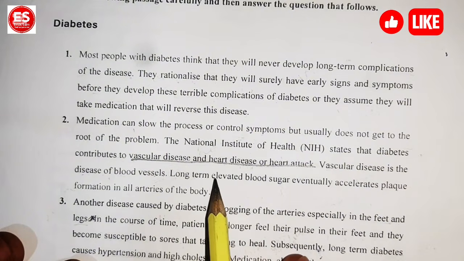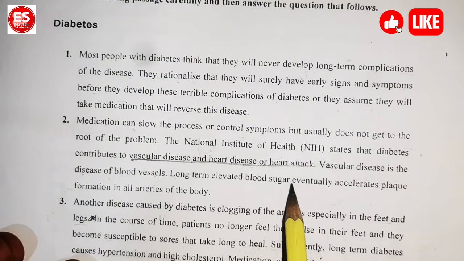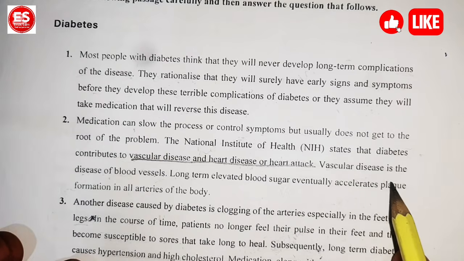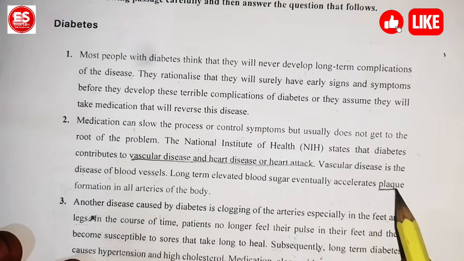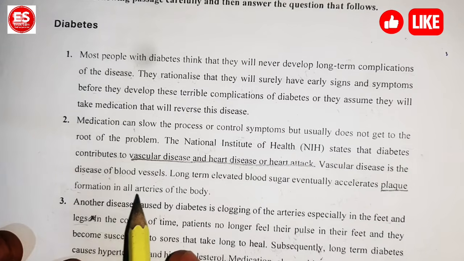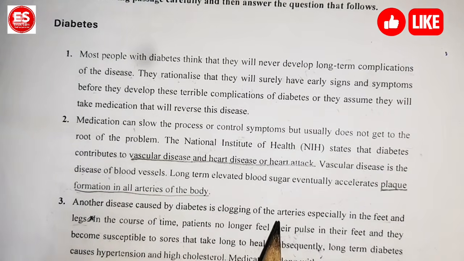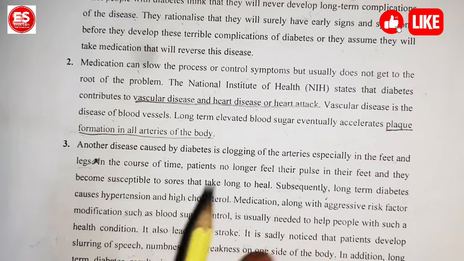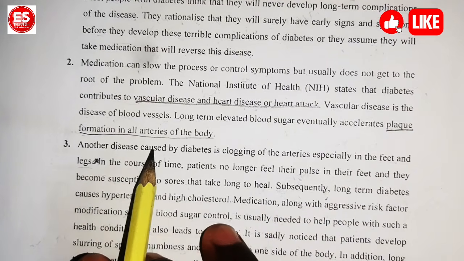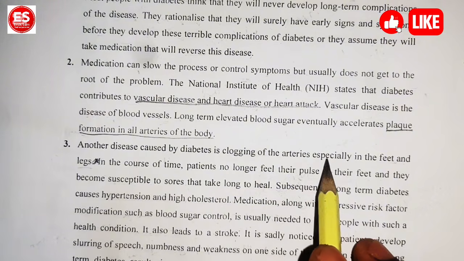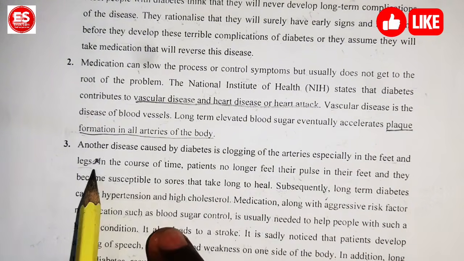Long-term elevated blood sugar levels accelerate plaque formation in all arteries of the body. All right. Then let's go to the next. Another disease caused by diabetes is clogging of the arteries, especially in the feet and the legs.